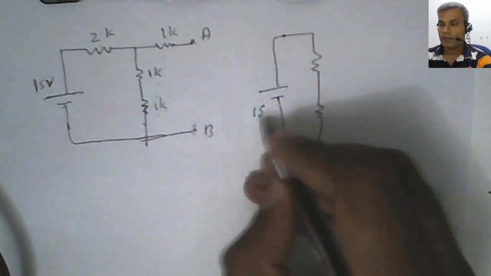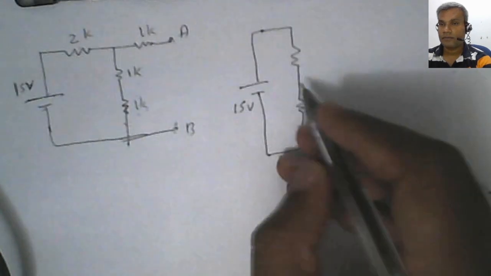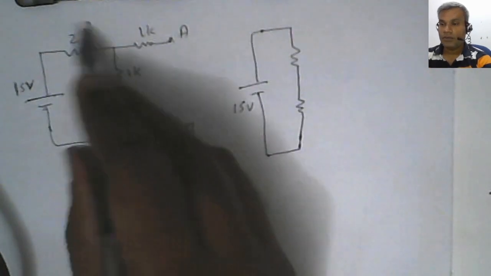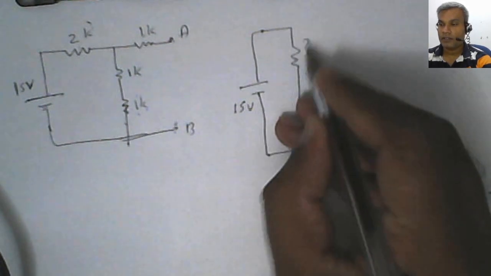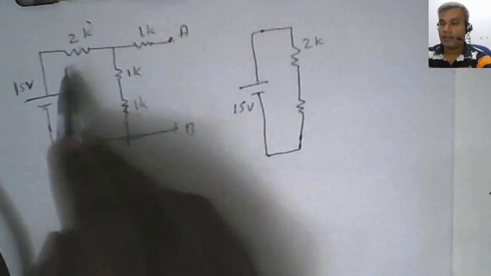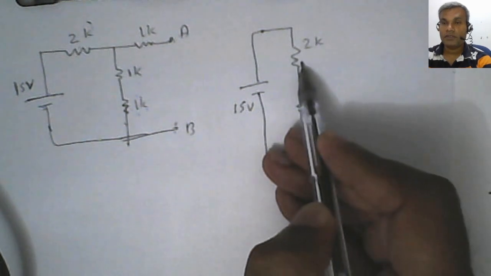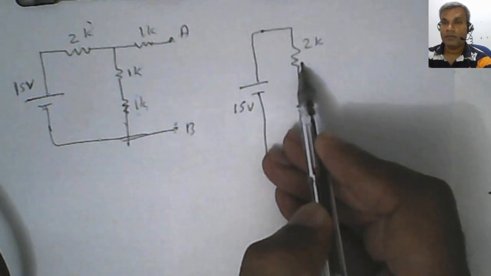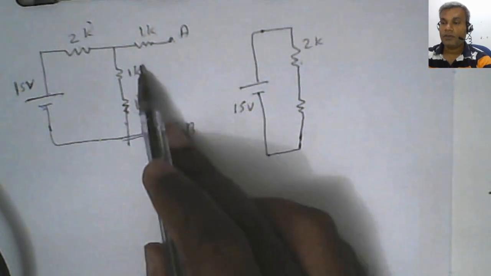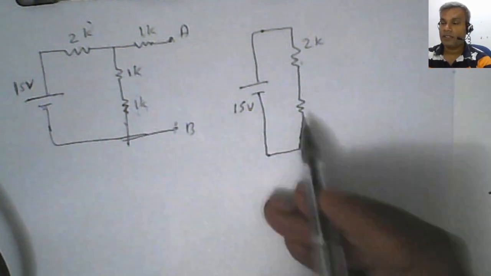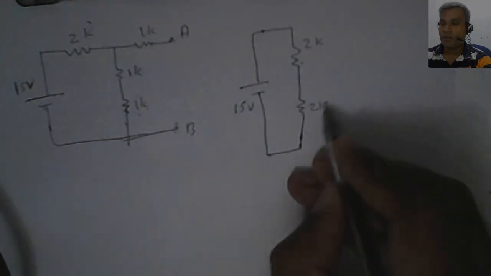There's the 15 volt supply. And this 2 kilo ohm resistor I had rotated and drawn in here. And instead of these 1 kilo ohm resistors, I had drawn the net resistance of 2K resistor here.